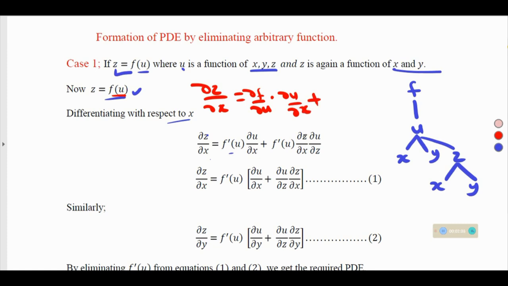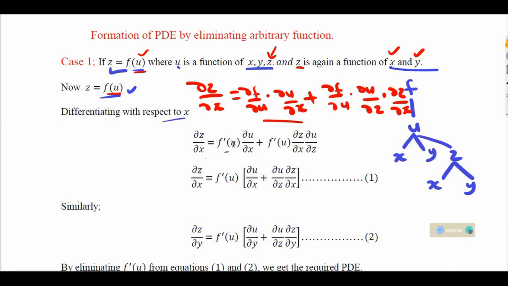But we shall add there, because z is also a function of x and y. So we add del f del u times del u del z times del z del x.